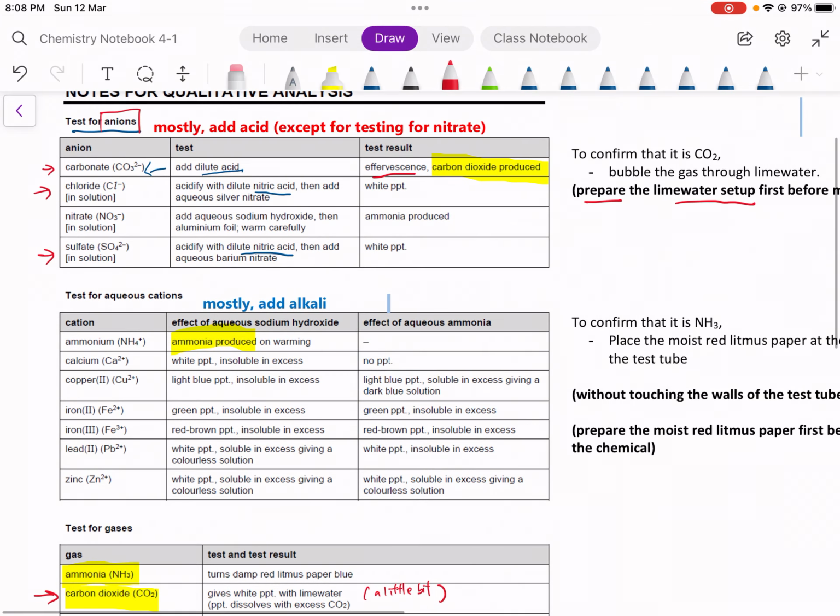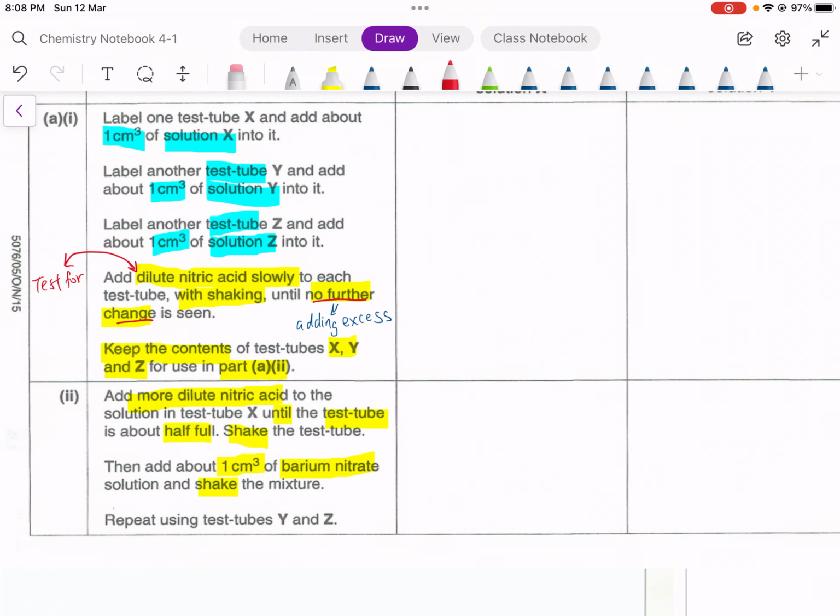So shall we write down? Write down here, test for carbonate. Please write it down, because the more times you write, you notice that all the practicals are more or less similar, because all of them are the same.